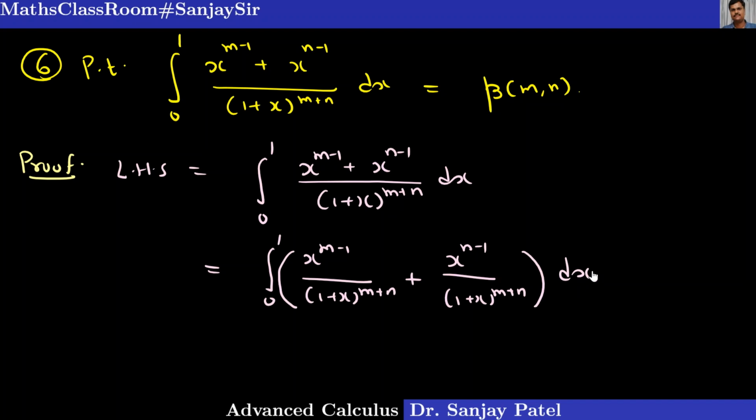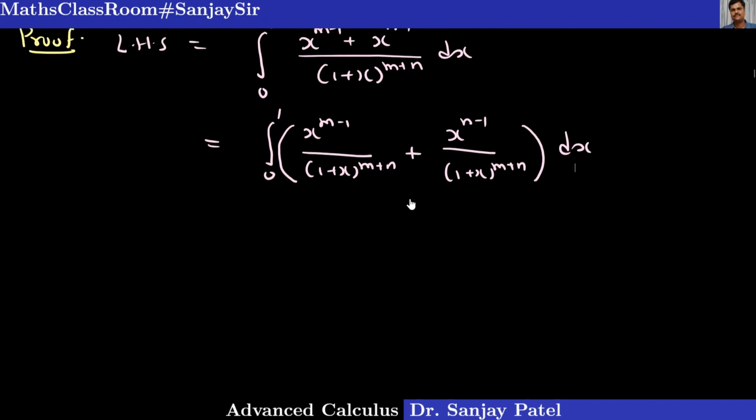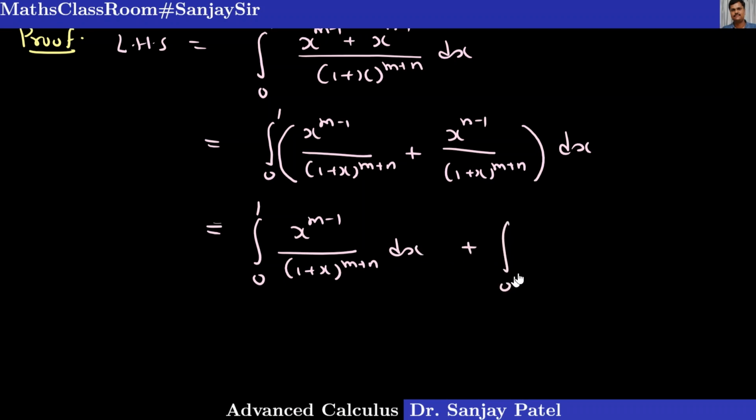This I can separate using the working rules: integration of f(x) plus g(x) is equal to integral f(x) plus integral g(x). So this I can write as integral 0 to 1 of x^(m-1) / (1+x)^(m+n) dx plus integral 0 to 1 of x^(n-1) / (1+x)^(m+n) dx.